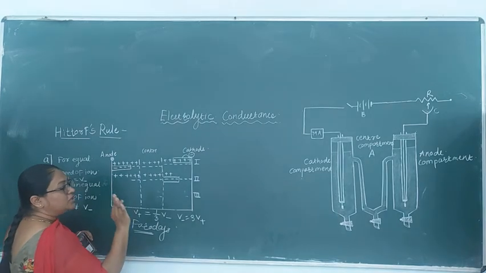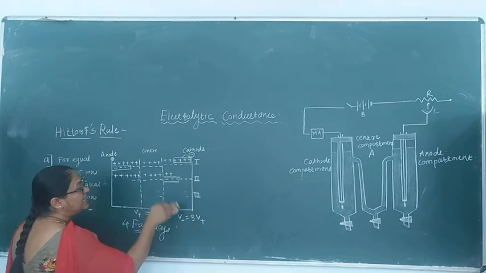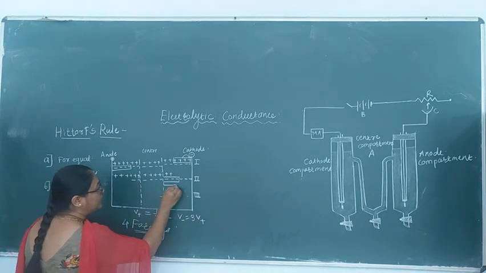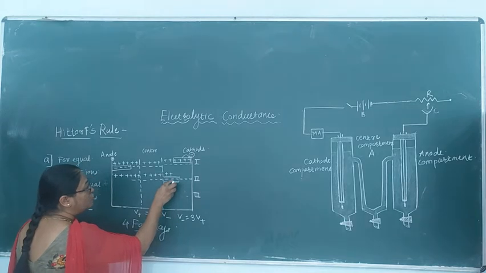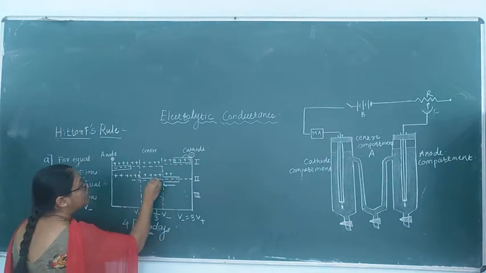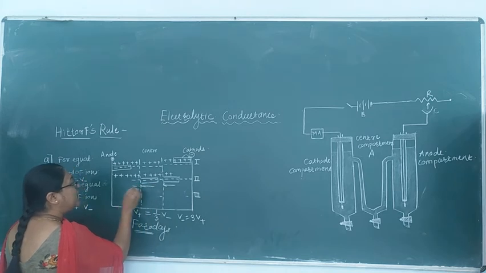From that, 3 equivalents of electricity will be carried out by the negative ions due to their more speed. So therefore, here 3 equivalents of anion move from cathode compartment to the central, and then to the anode.